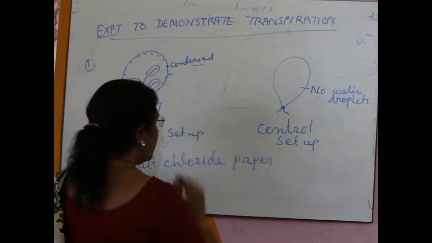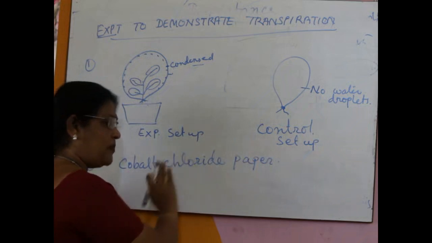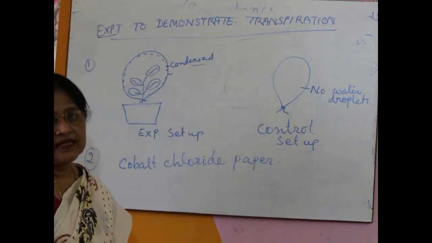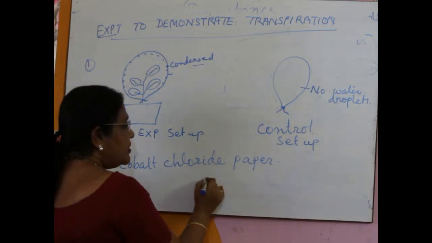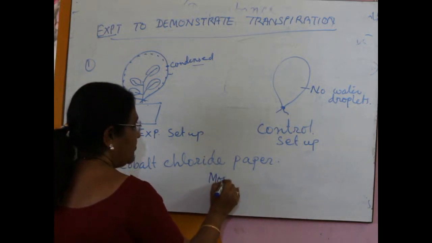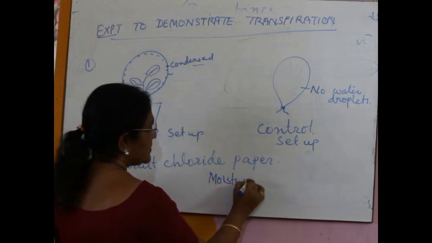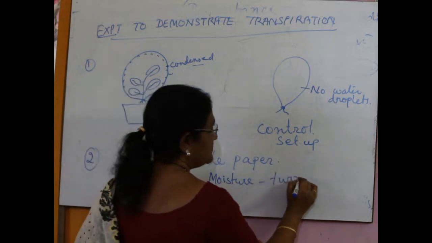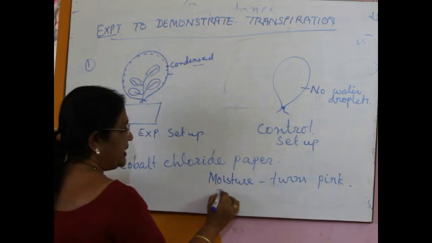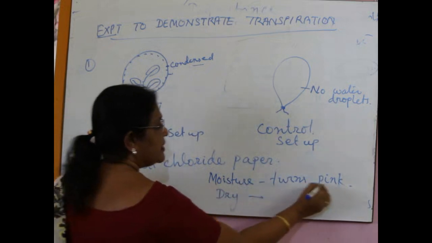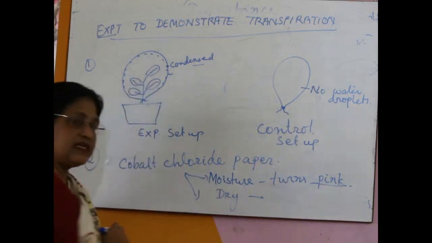Now this cobalt chloride paper, as you know, has a particular significance: when it comes in contact with moisture or water vapor, it turns pink.